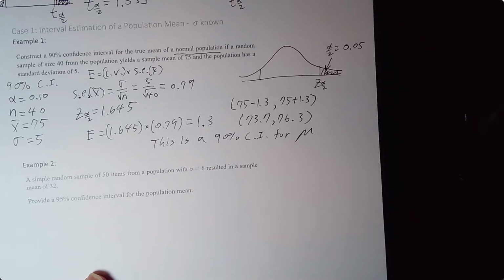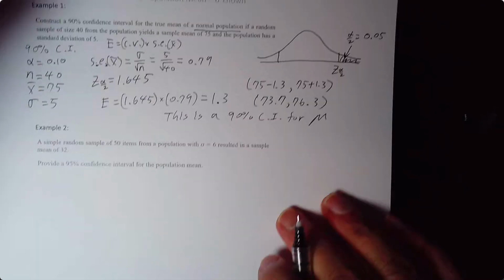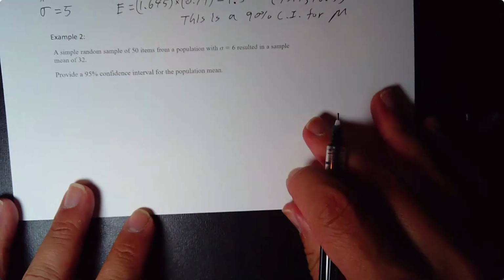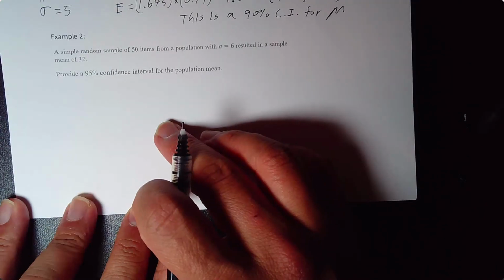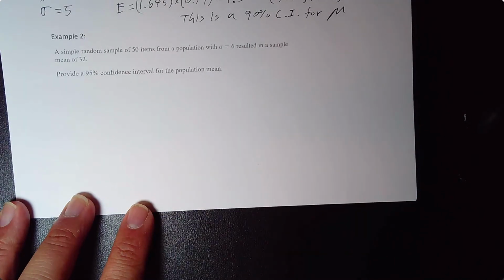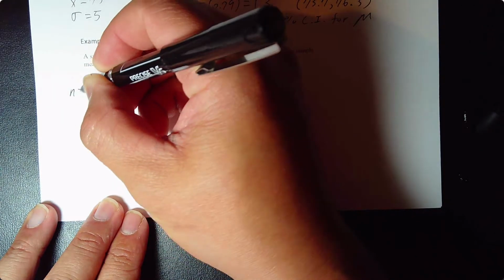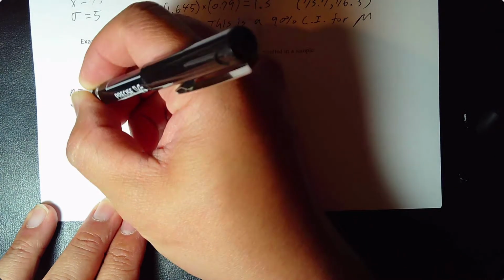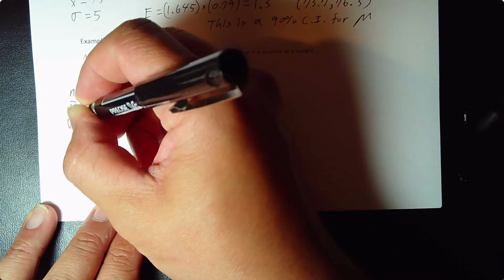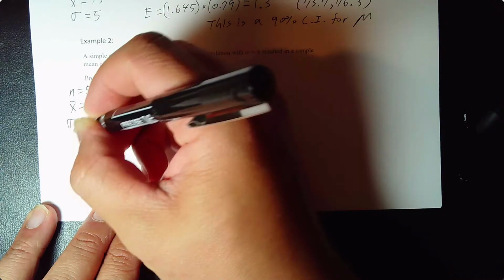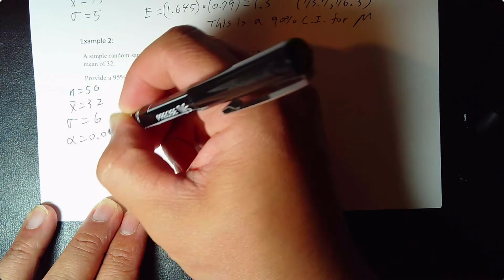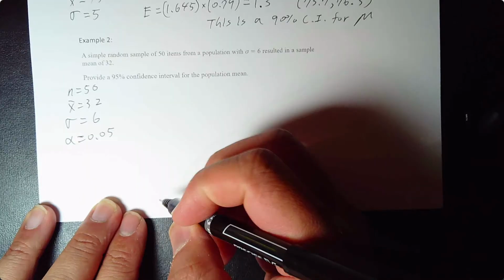Now let's do the second example. Pause the video if you'd like to give this a try yourself. First thing again, collect your information. n equals 50. Looking up the critical value, I'll just skip that part.